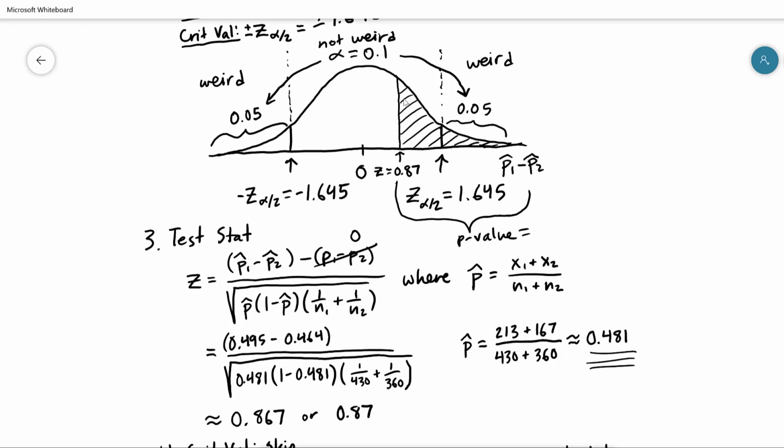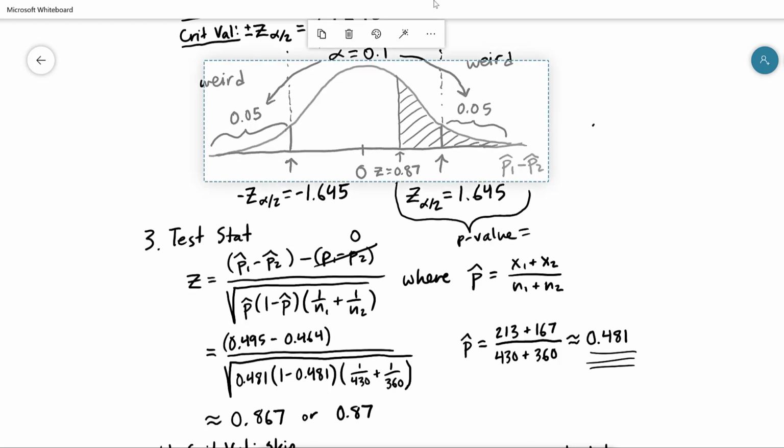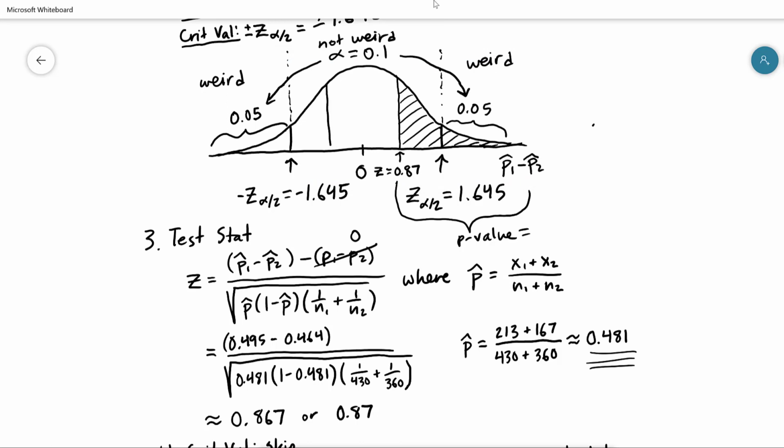So I can either just compare the values in one tail, which would mean this full shaded region, to just this 0.05, alpha over 2, or I can find, and this is the way that the book does it, the combined area of both that shaded region and its mirror image.